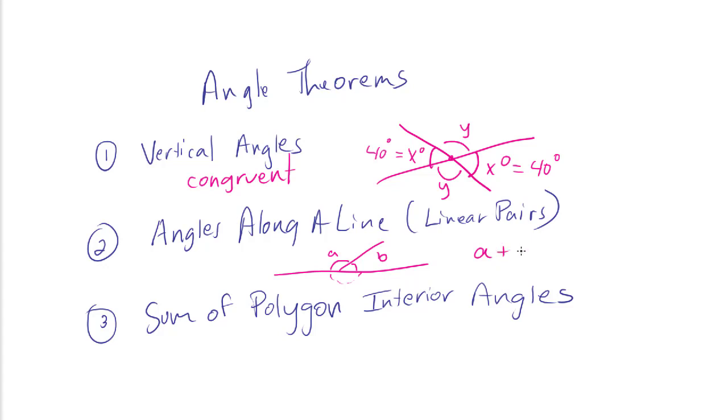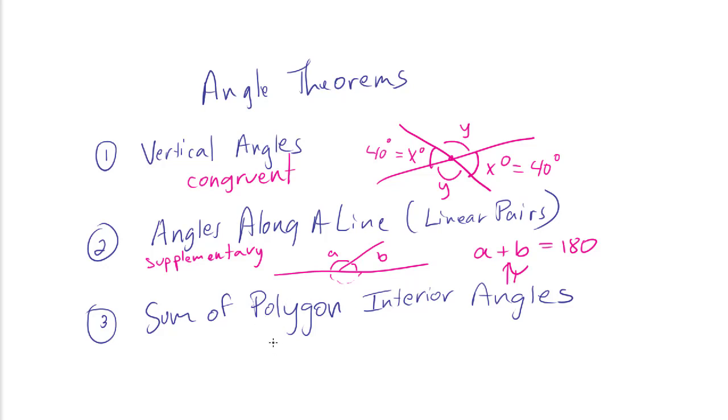So the sum of linear pairs or angles along a line is 180 degrees. In another word, we call that supplementary. Supplementary angles add to 180 degrees. They don't necessarily have to be linear pair postulates, but linear pairs are supplementary angles. They do add to 180 degrees. Or in the case of radians, pi radians. We'll talk about that later.